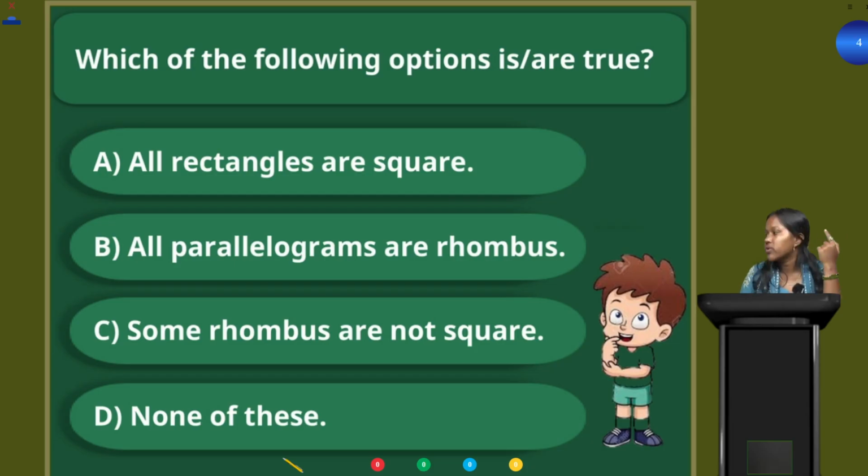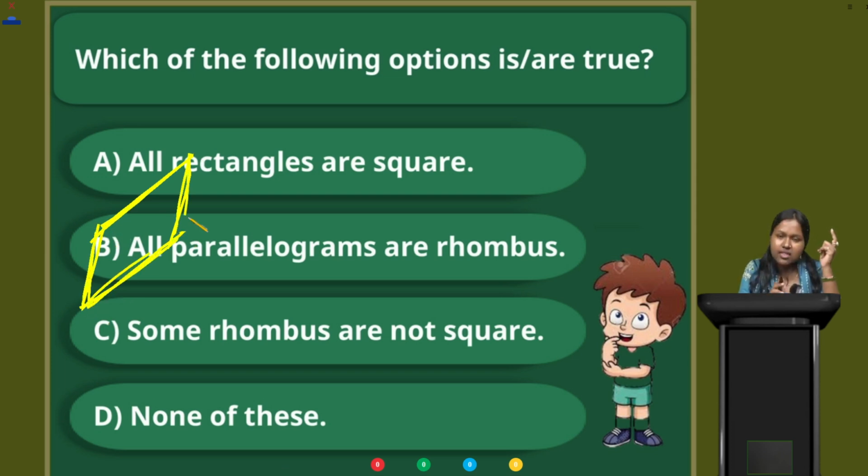If your answer is no, that means option A is not correct. Similarly, think about option B. All parallelograms are rhombus? Think about any normal parallelogram, which has opposite sides equal but adjacent sides not equal. Are they rhombus? Of course not.